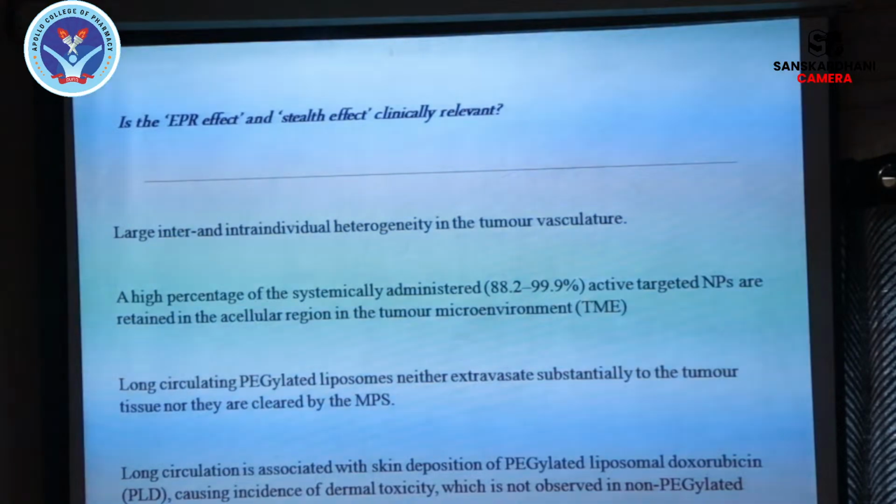EPR is not uniform in different cancers, and it may change according to the stage of the cancer, like stage 1, stage 2, stage 3 will have different EPR effects. That is one of the reasons for the variable effect of liposomes.